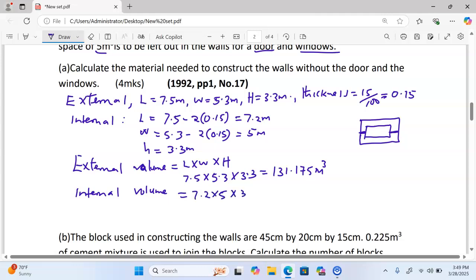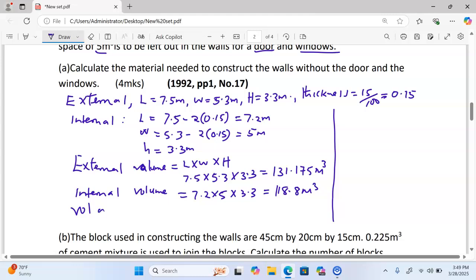The height remains the same as 3.3, and this one gives us an answer equivalent to 118.8 meter cubic. Once we have that volume, we can now go ahead and calculate the volume of the material.